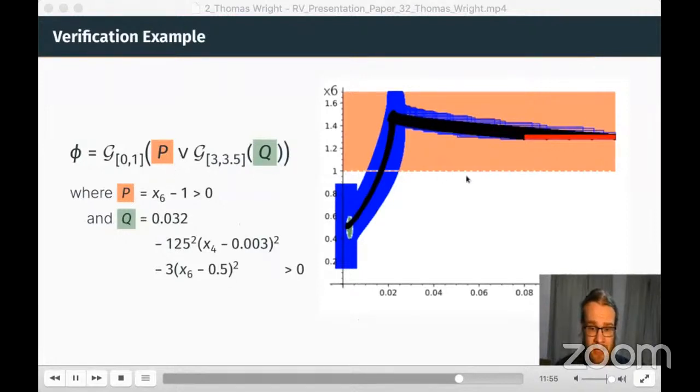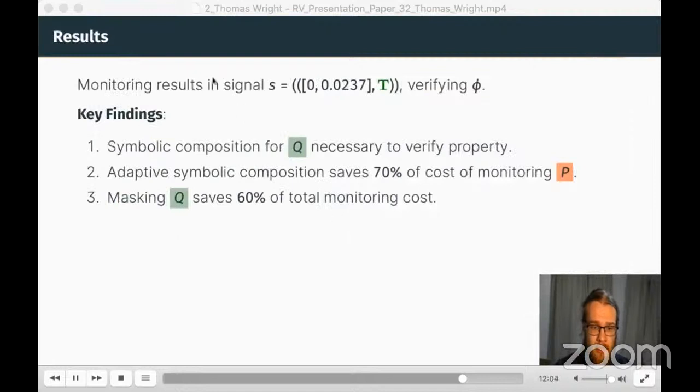The first, P, is this orange half space, and the second, Q, is this green ellipse. So when we applied our monitoring algorithm, we derived the following signal, which is sufficient to verify that phi holds at time 0. And in the paper, we compare a number of different variations of our algorithm to assess the performance impact of each component.